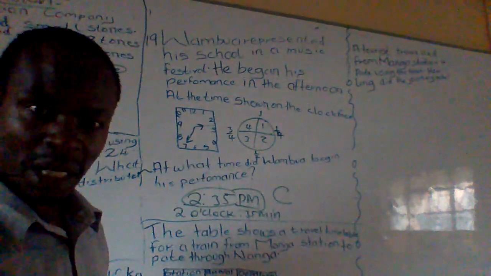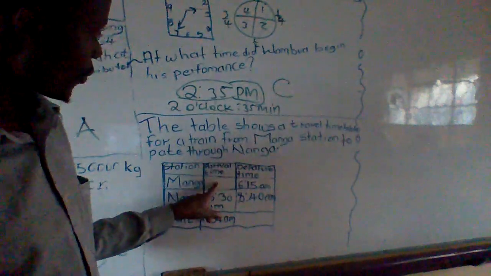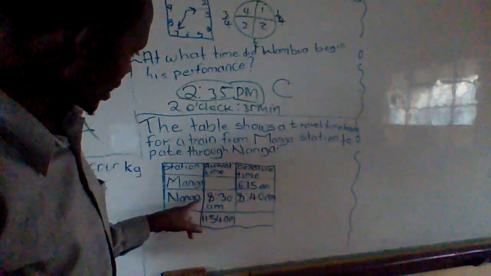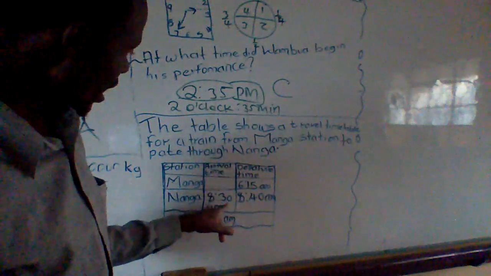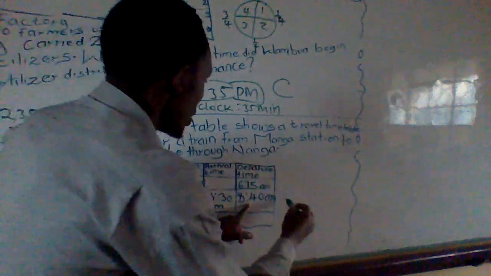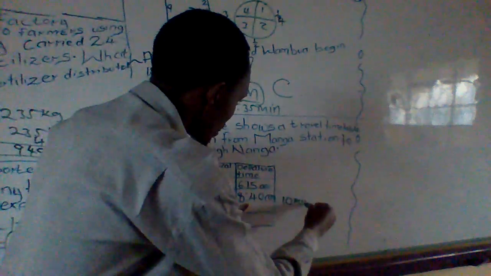So you see, we've been told that from Manga it was a departure, sorry, let me roll my camera. From Manga it is departure at 6:15 a.m. It arrived at Nanga at 8:30 a.m. It departed Nanga at 8:40, which means there was a 10 minutes resting time.